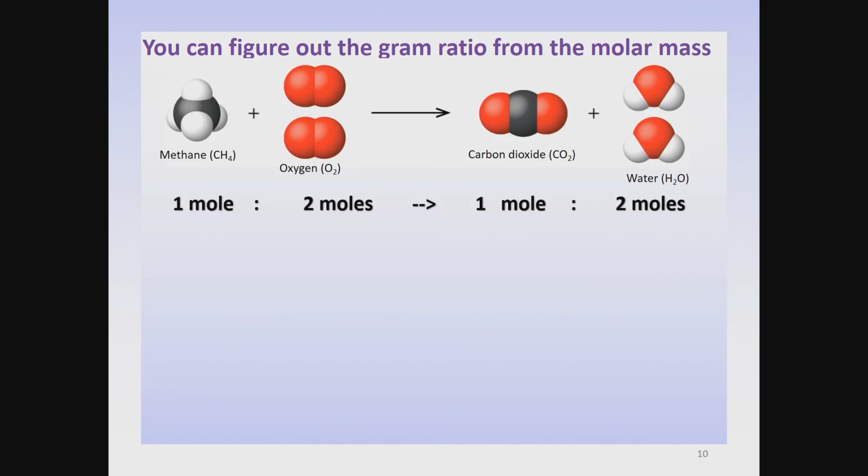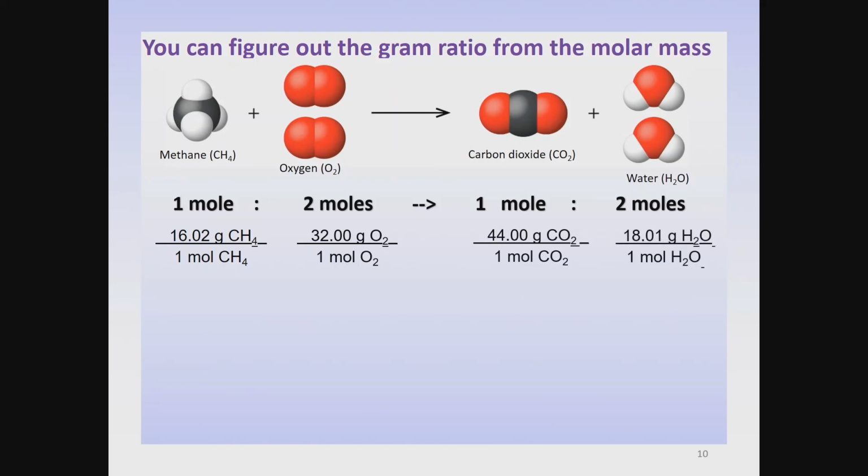mass. The molar mass tells you for each molecule how many grams of the molecule are there with that mole of that molecule. So for example, you can work out the molar mass of methane, and it's 16.02 grams of methane per mole. With diatomic oxygen, O2, it's 32 grams of oxygen per mole. Carbon dioxide is 44 grams per mole, and water is 18.01 grams per mole.